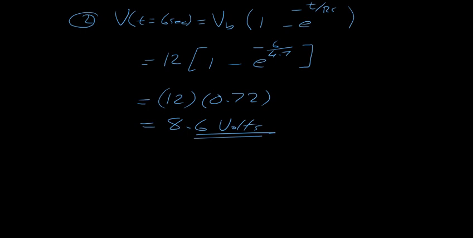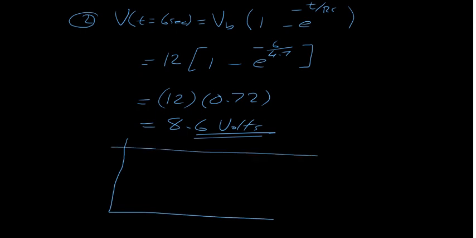10.3 volts. So it's really good to learn how to predict your answer based on your understanding of the graph of charging a capacitor. I could draw that. It might help in some cases. That's the voltage across the capacitor. Normally we start from 0 until we reach the maximum. The first time constant, tau, was 4.7, and usually the voltage across the capacitor is 0.63 of the battery voltage.